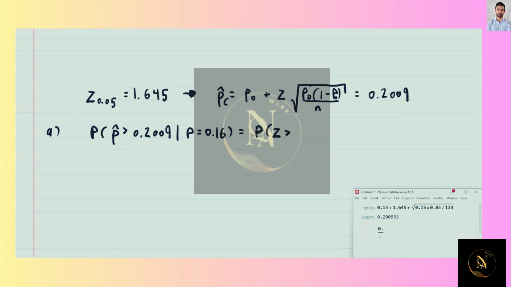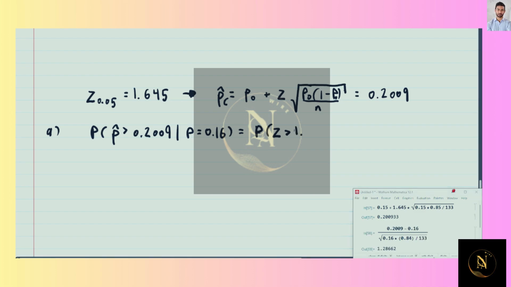So we calculate that by taking 0.2009 minus 0.16 divided by the square root of 0.16 times 1 minus 0.16, which would be 0.84, divided by 133. So this is going to be equal to the proportion of z to the right of roughly 1.29.